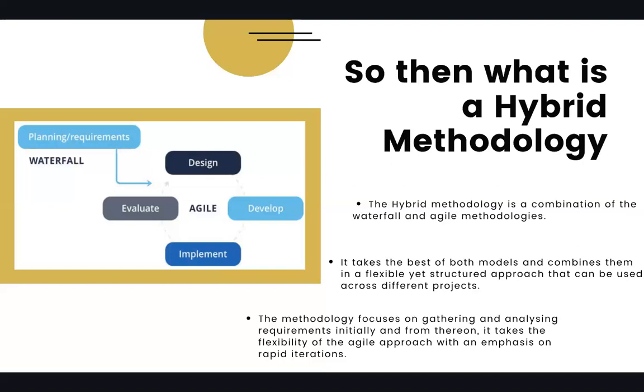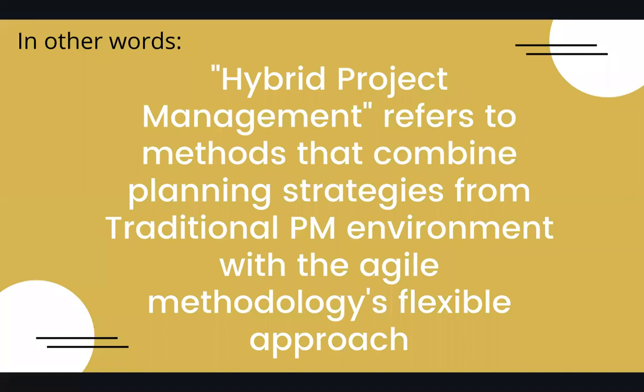But in the process of getting to that final product, you will deliver it in tiny, small stages or sprints, get feedback on it, and then if any changes need to happen, you can do that easily with less cost. So in other words, hybrid project management refers to methods that combine planning strategies from the traditional project management environment with the Agile methodology's flexible approach.